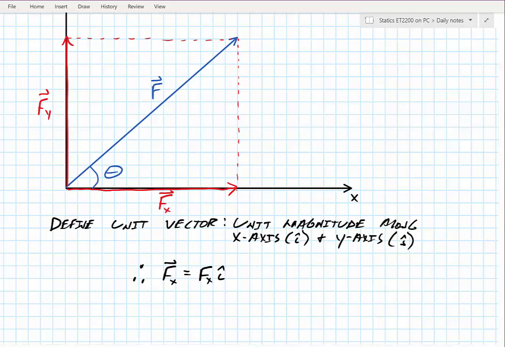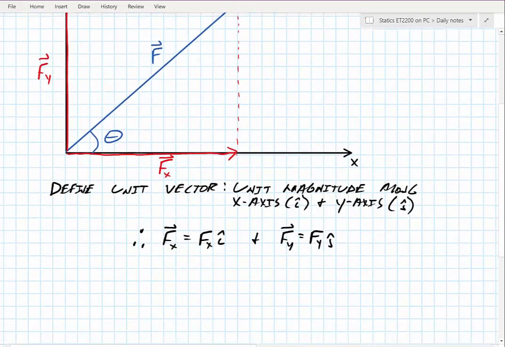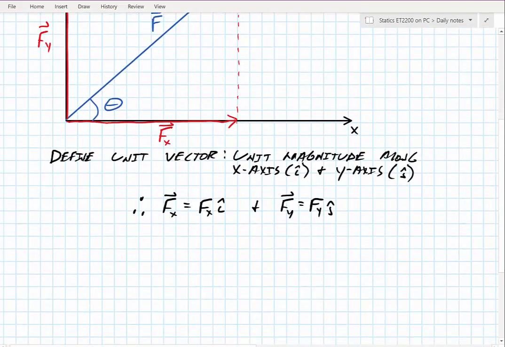So basically the i hat is giving us the direction, the f sub x is the magnitude, and same idea with the y direction. So notice where I have the little arrow above the letter indicating a vector in the beginning, that goes away because it's only magnitude when I put it into these unit vector directions. So my f_x and f_y are scalars, not vectors.